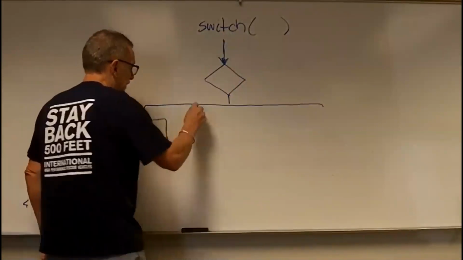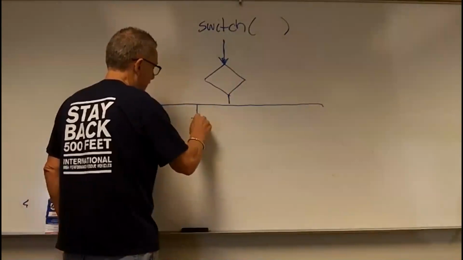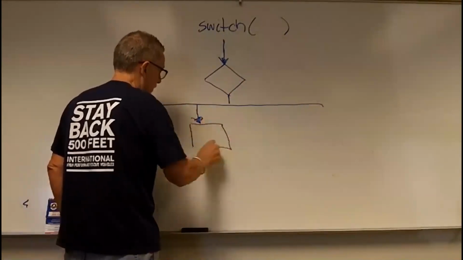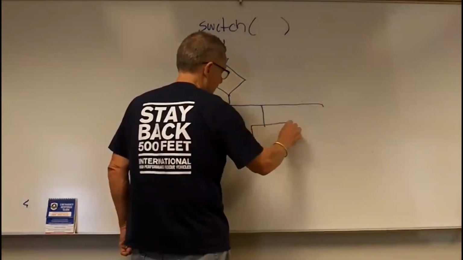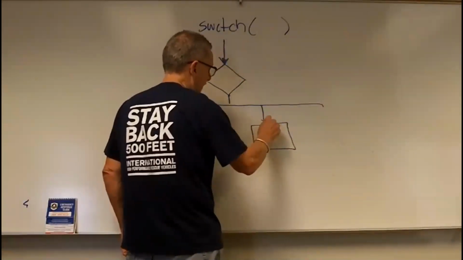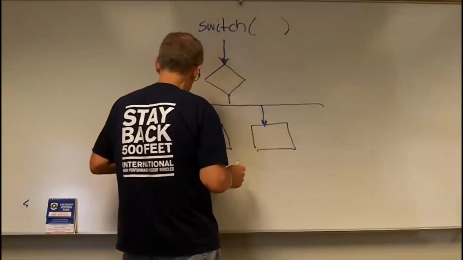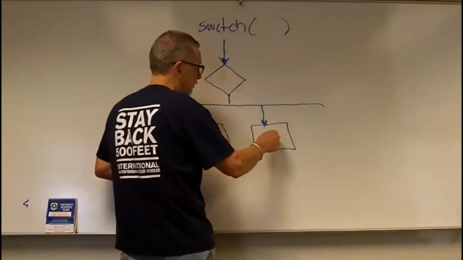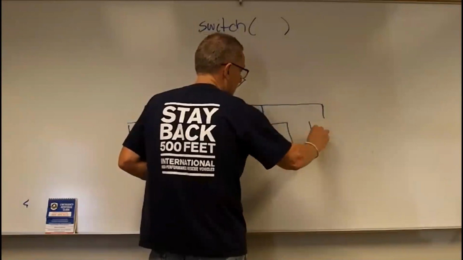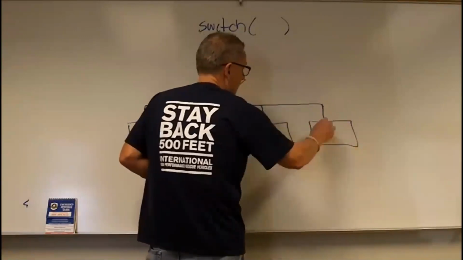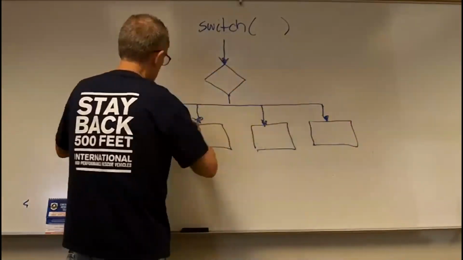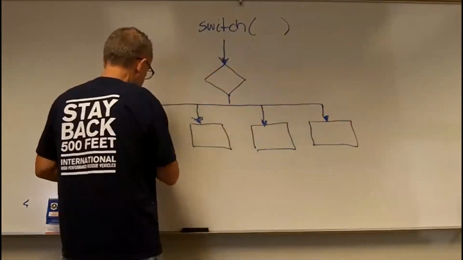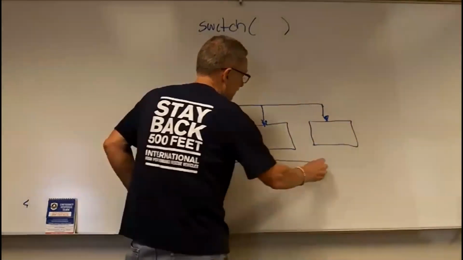Let's say, for example, up there in the switch between the parentheses, it might say, if it's a 1, do this. If it's a 2, do that. Or it might say value. Switch value. Then if the value is 1, it would do the left one, 2, the next one, 3, the next one, 4, the next one, something like that. Or the switch could be somebody's name. If it's Mary, do the first one. Second one is Doug, do that one, et cetera, et cetera.